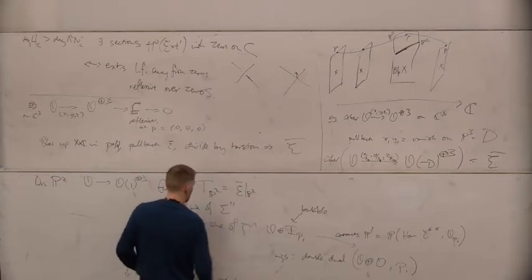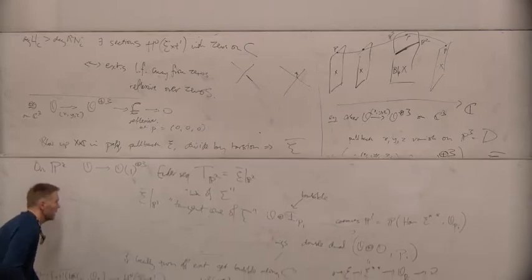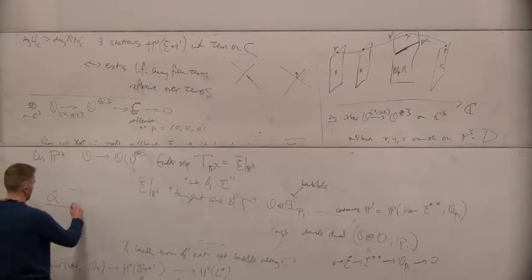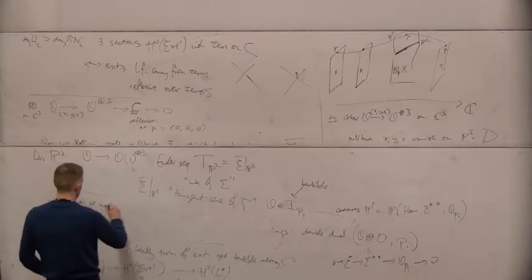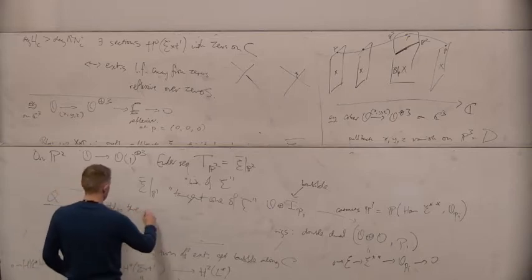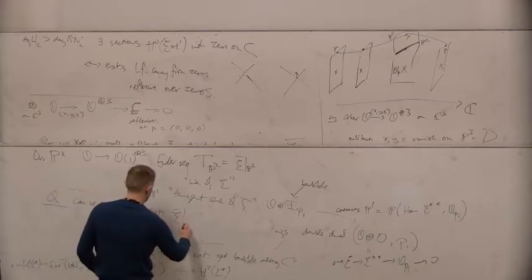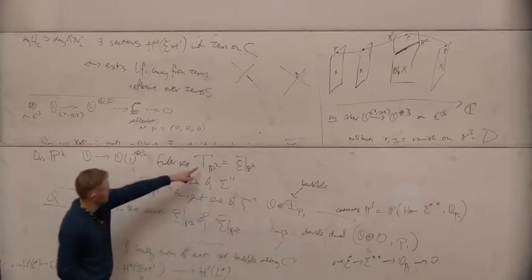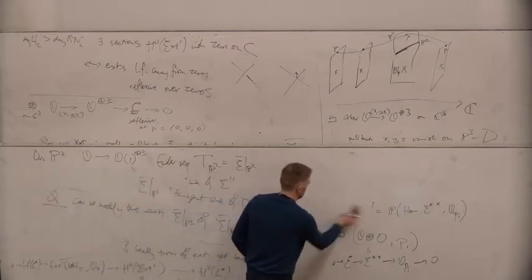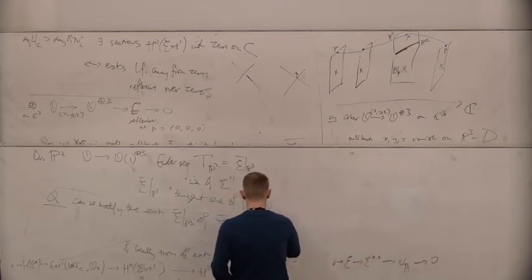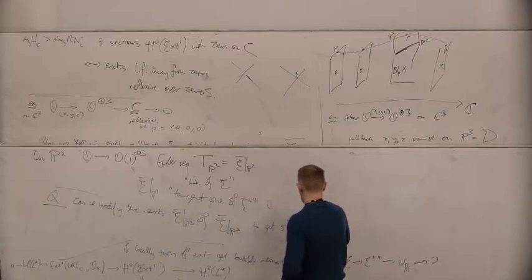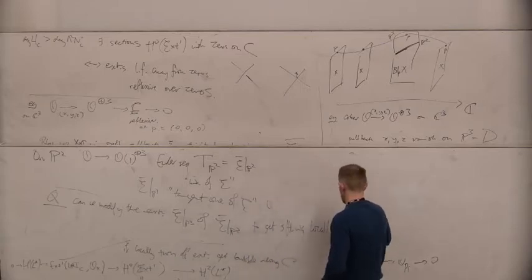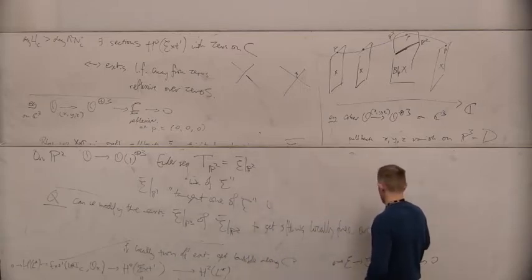of E. And the question that Simon has is basically, can we modify the extension of this TP2 here to get something locally free over P3?